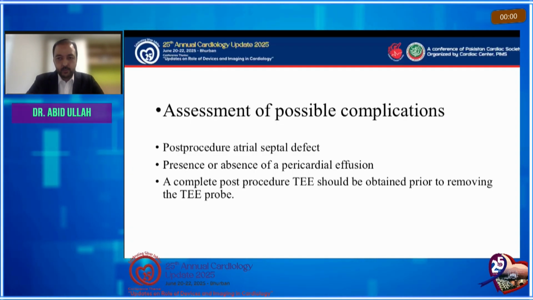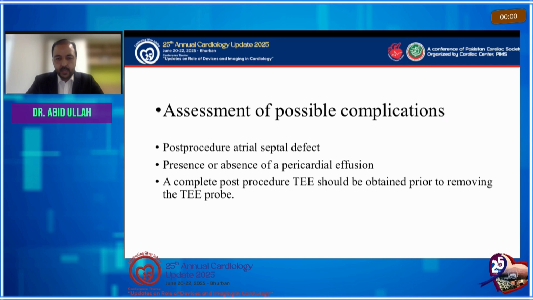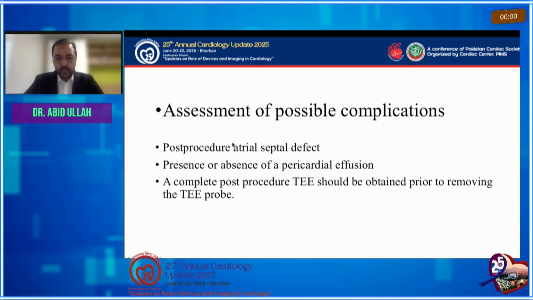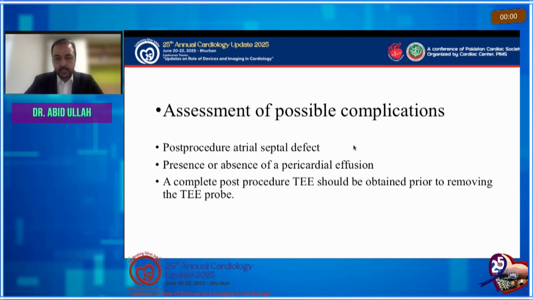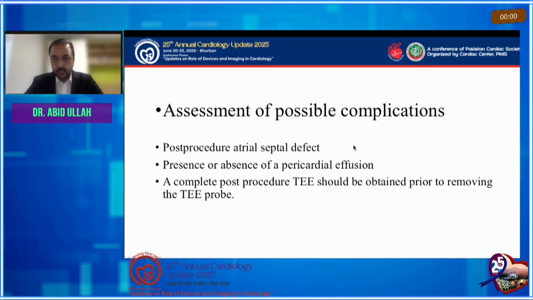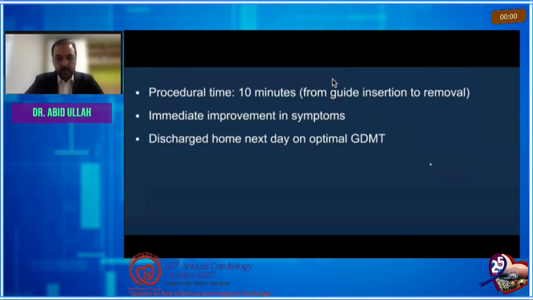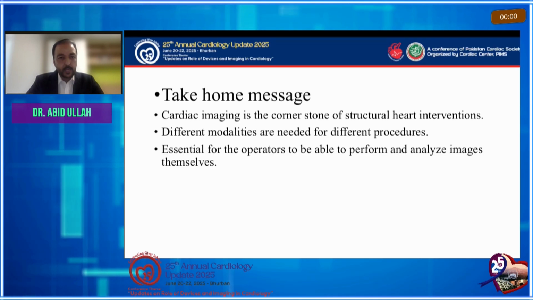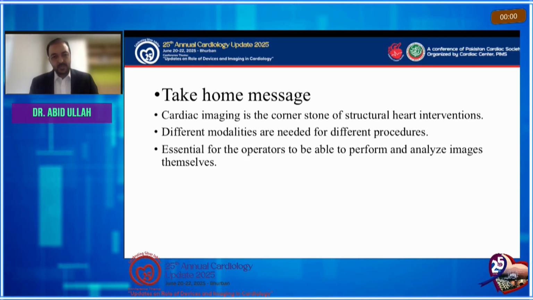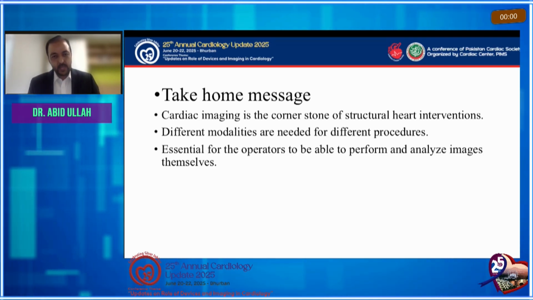So this will complete our procedure, but before we take out the TE probe, we want to make sure that there is no significant complication. If there's an atrial septal defect, it should be assessed, and if need be, it should be closed at that time. So I would finish by just putting a few take-home messages.